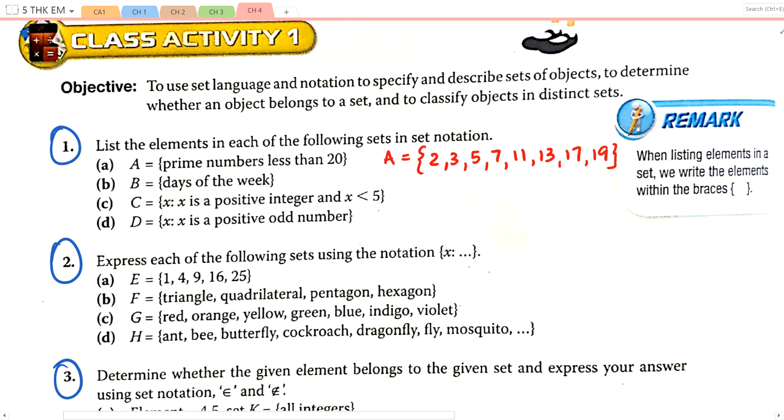So now I have rewritten set A, which is the description given as prime numbers less than 20, in another manner, which lists down all the elements. Okay, so now for part B.